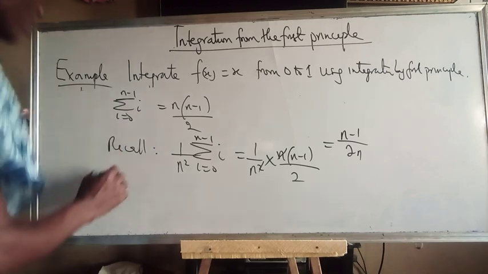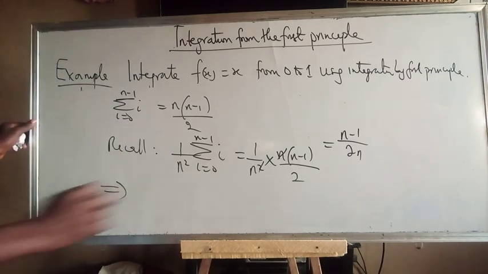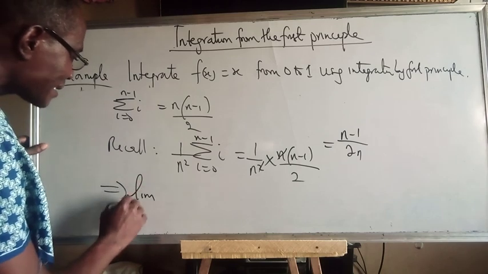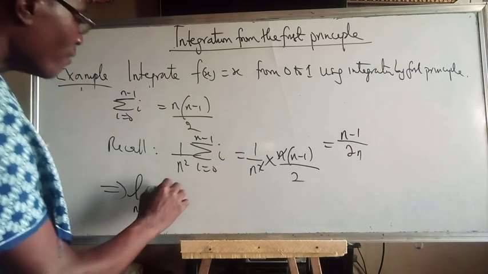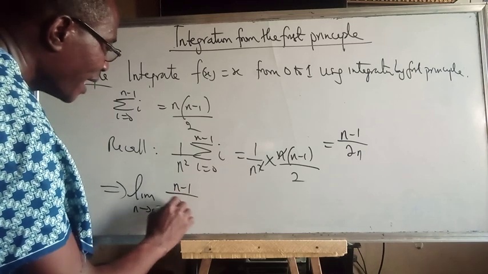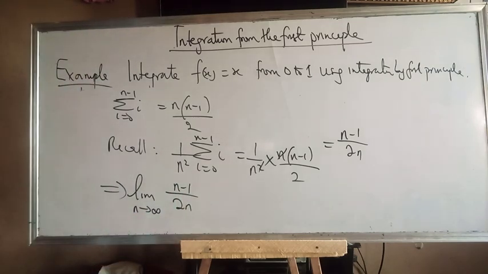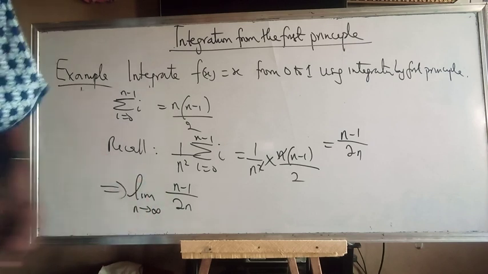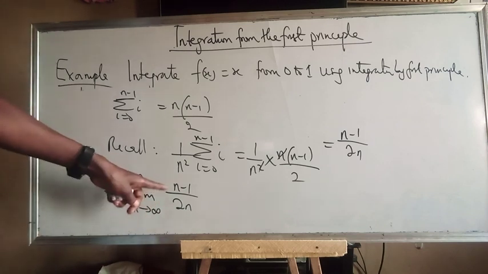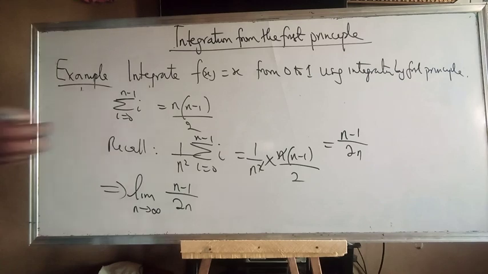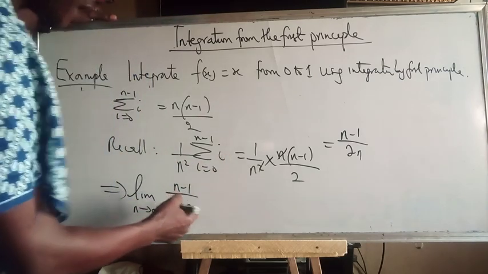So that implies now, using the Riemann integration, we have the limit as n tends to infinity of n minus 1 all over 2n. Looking at the numerator and denominator, we can divide both by n.